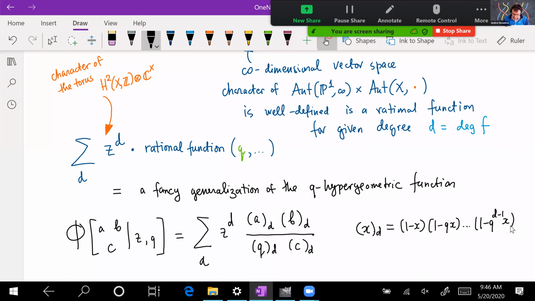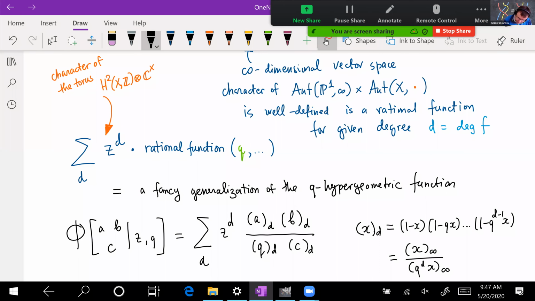And once you get comfortable with the equivariant K-theory, it'll be obvious to you that this sort of expression is just a particular natural K-theoretic expression in this context. You can also write it as a ratio: you imagine an infinite product of this kind divided by Q to the D X infinity.